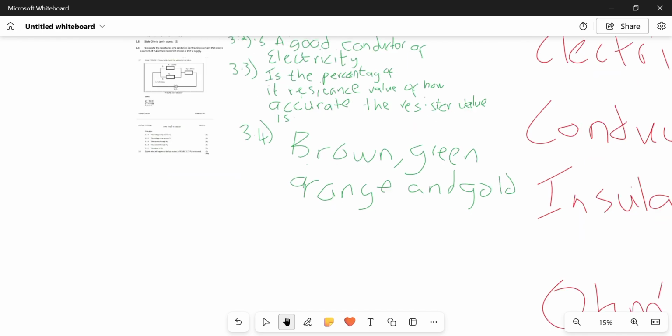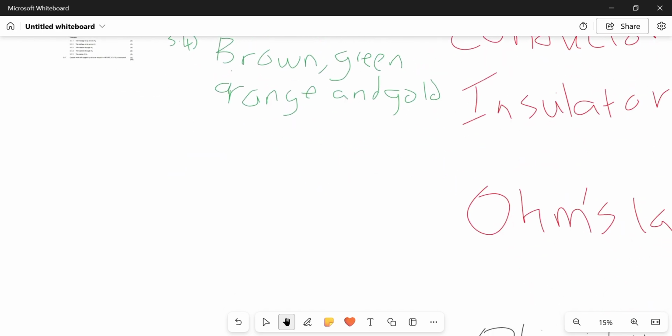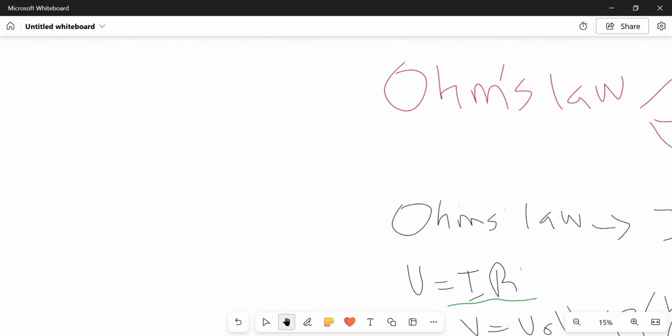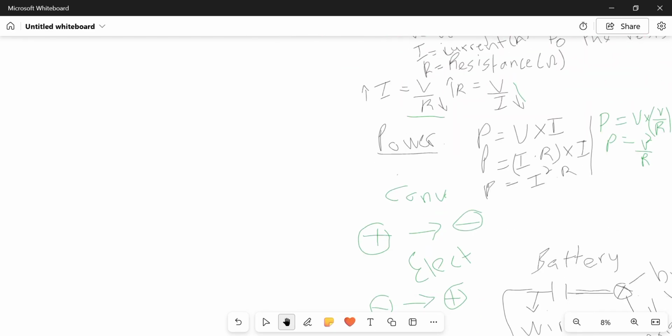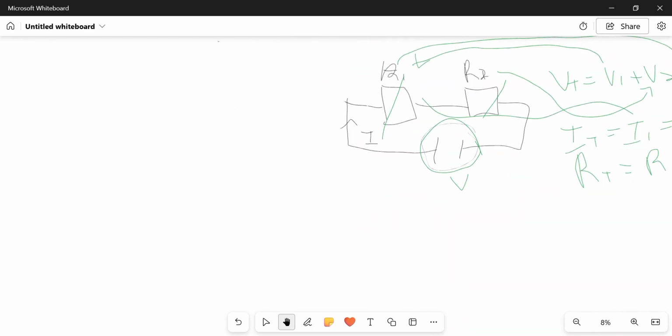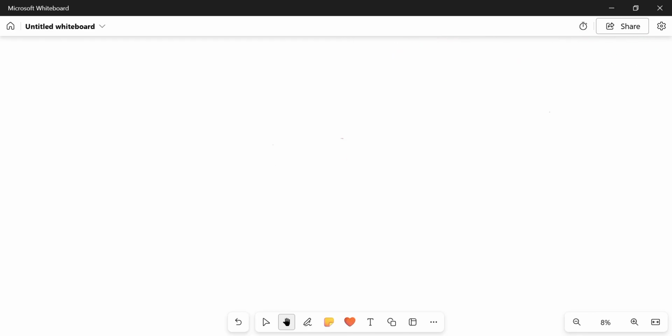So we are going to look at our color bands table.